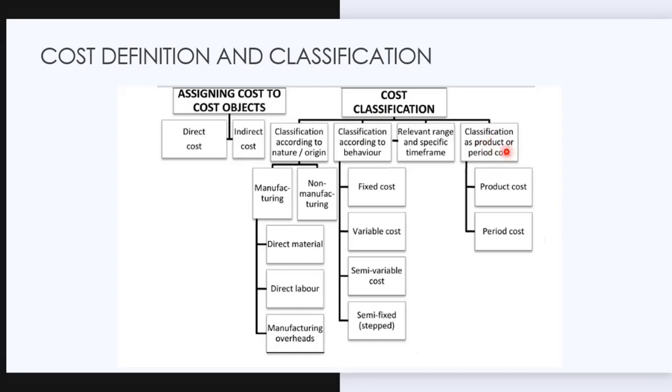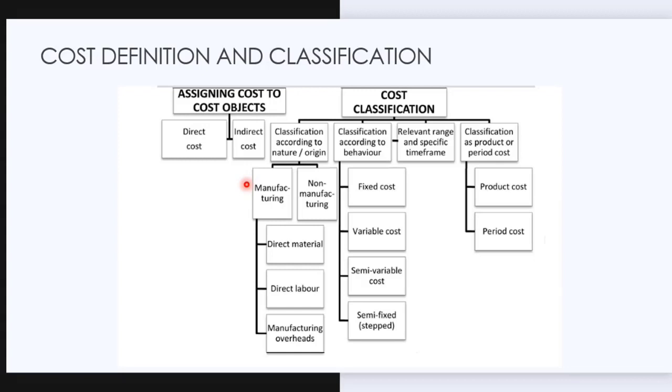Part of classifying is, are they product or period costs? These elements, as much as you might say this is theory, are very, very critical as part of your basics. Because it will catch on, guys. It will catch on when you are doing your direct and absorption costing, when you are doing your process costing, when you're doing your standard costing.